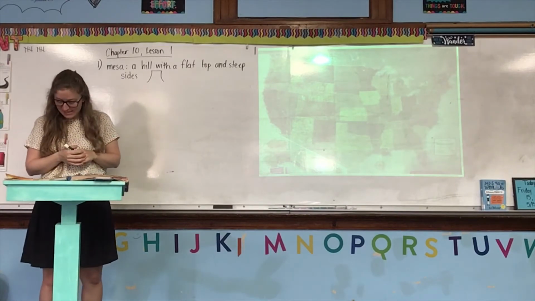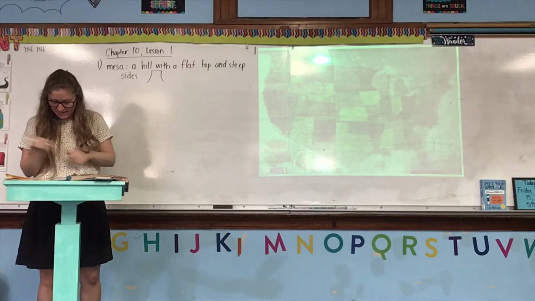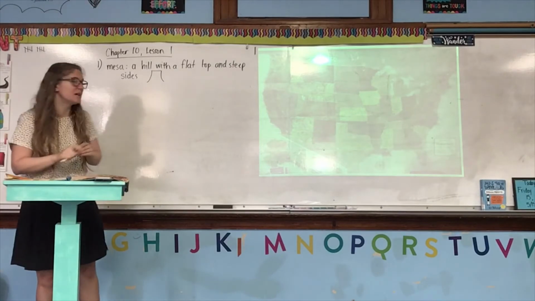A butte is a steep hill of rock with a flat top, like a mesa, but smaller.